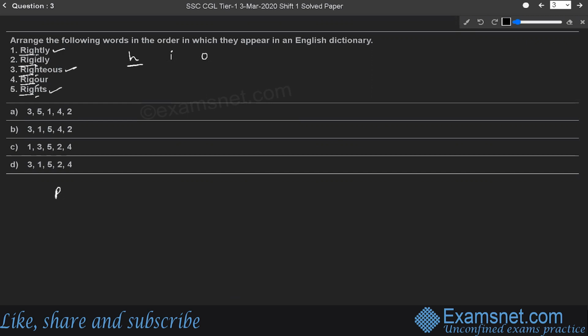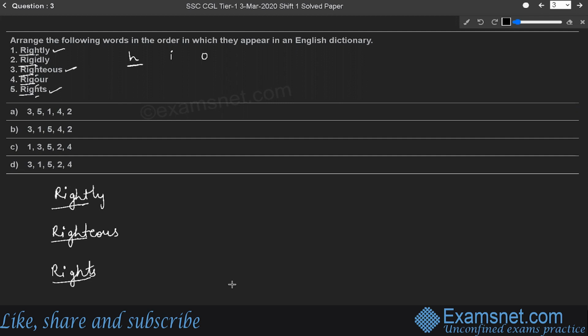Let us write them. Rightly, righteous and rights. So in all these words, RIGH is common. Also T is common. So RIGHT is common in all three.